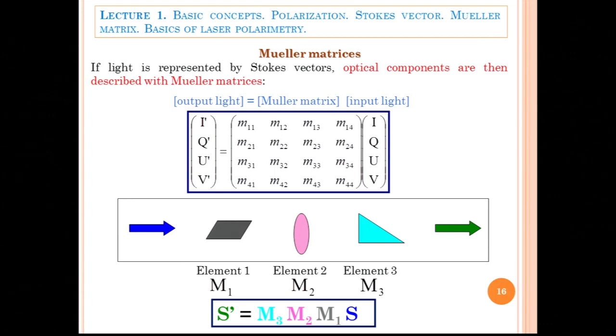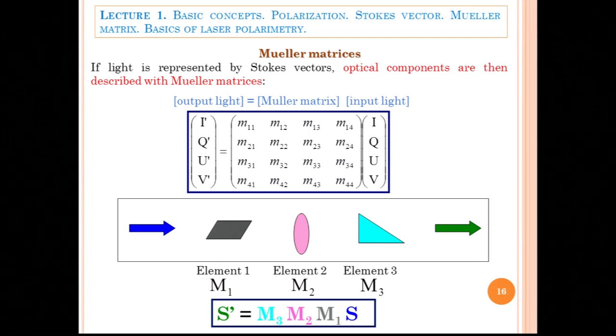Now, we're just talking about the Stokes vector. So we deal with a field, an optical field. We can measure the polarization state of this field, and so on. We can obtain even a topological distribution of different polarizations when we use a CCD camera as a detector. But what about the object?